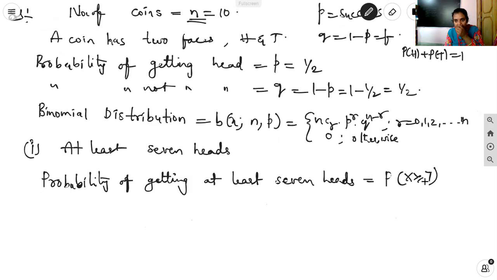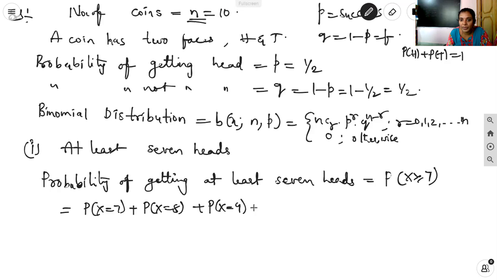At least means minimum 7, more than 7. Minimum value is 7. That is nothing but probability of x equal to 7 plus probability of x equal to 8 plus probability of x equal to 9 plus probability of x equal to 10.